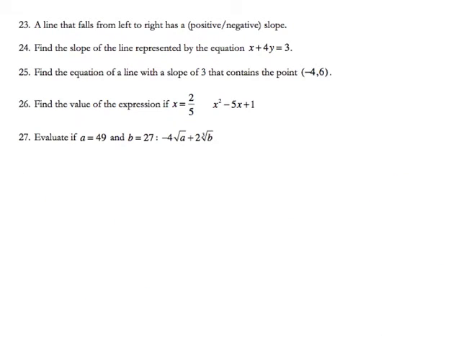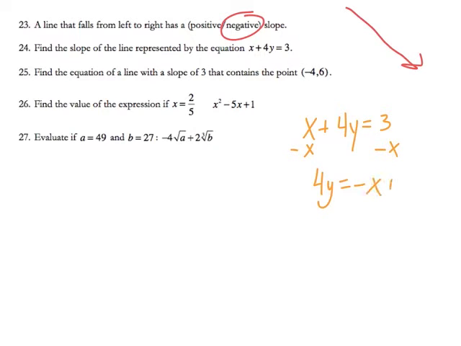Number 23, a line that falls from left to right has what kind of slope? Negative. Find the slope of the line represented by the equation x plus 4y equals 3. Let's do that. Well, in order to do that efficiently, what we're going to do is solve for y. So I'm going to subtract x from each side, making it 4y equals negative x plus 3.